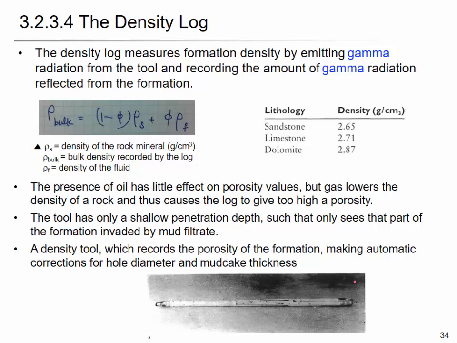The bulk density is a function of the solid density, the fluid density, and the porosity. The presence of oil has little effect on the porosity value, but gas lowers the density of the rock, thus causing the log to give too high a porosity.